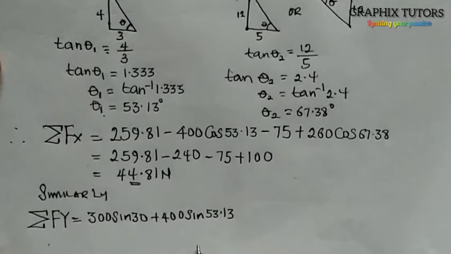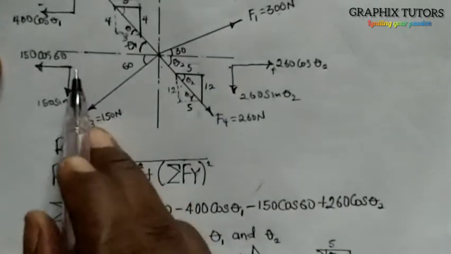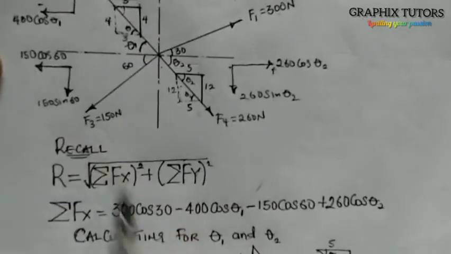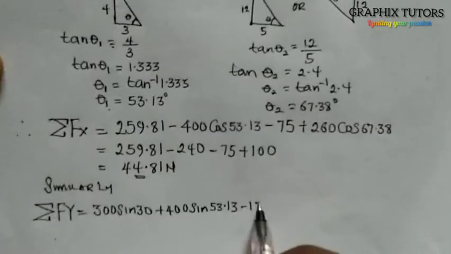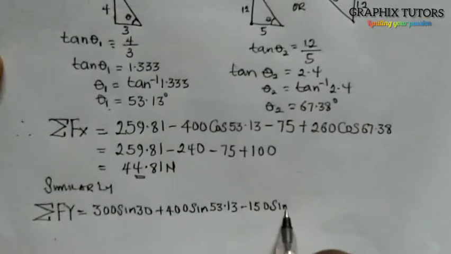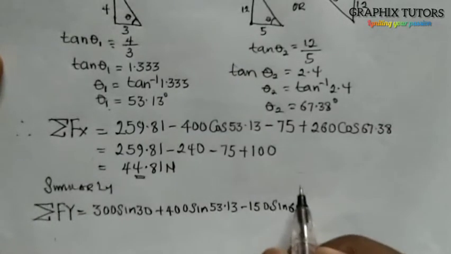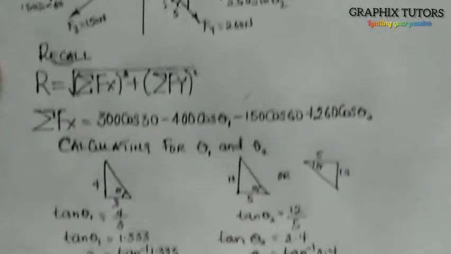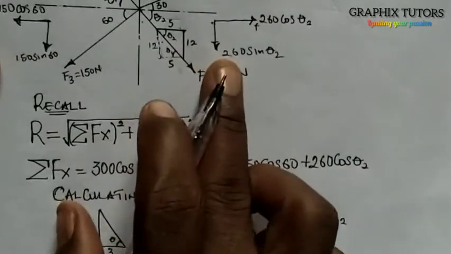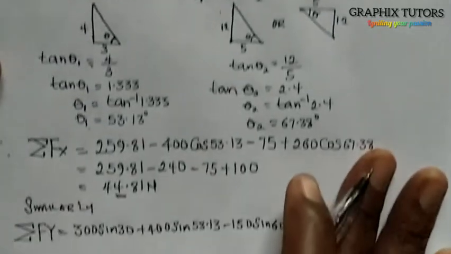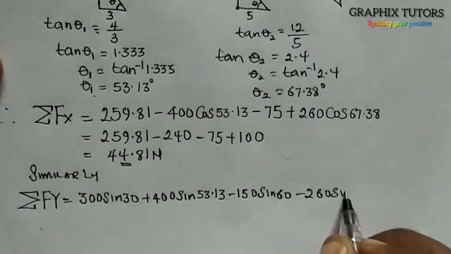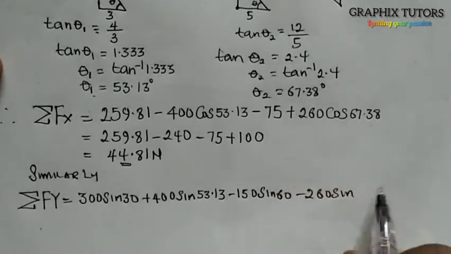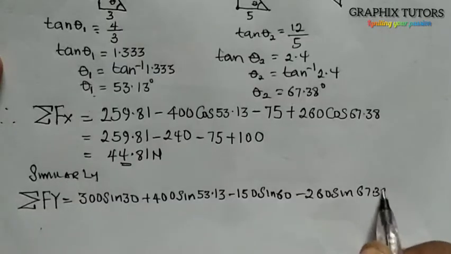Then the next one is facing down, and that is minus 150 sine 60, right? The next one also is facing down, minus 260 sine theta 2. What is theta 2? 67.38.